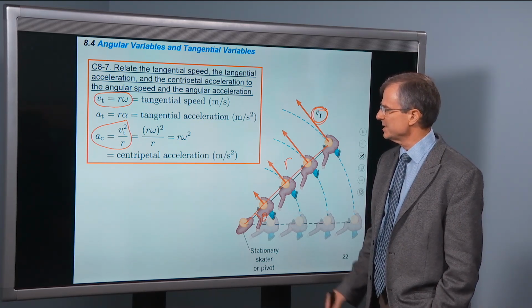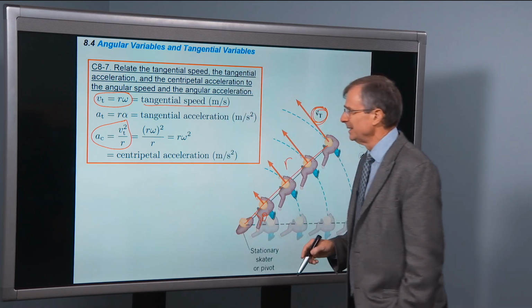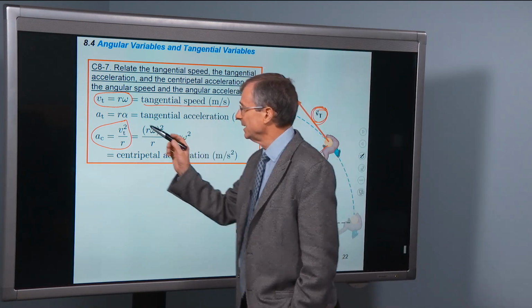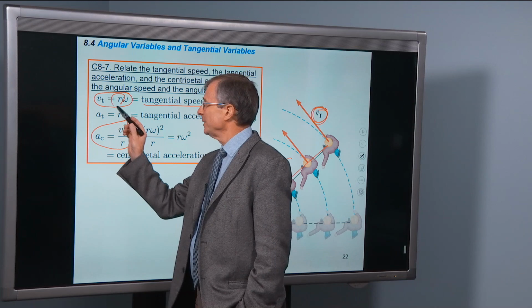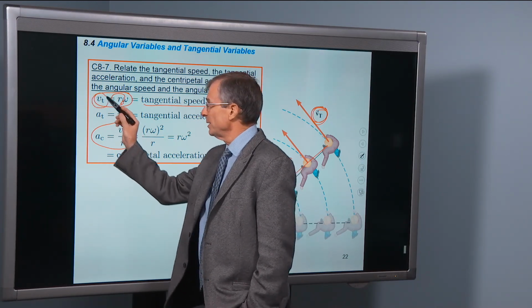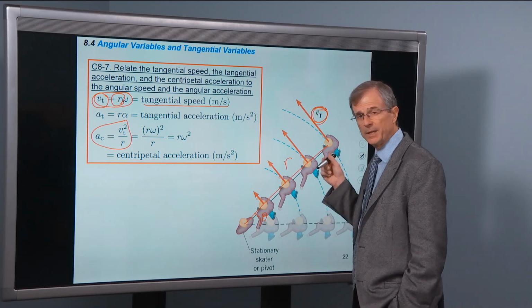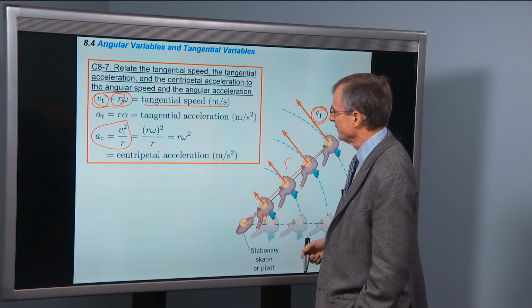And that gives you the tangential speed, so-called, in meters per second. All this is saying is that the further out you get from the center of the circle, the faster you're going to be going, just like the skaters near the outside. So that's the physics.